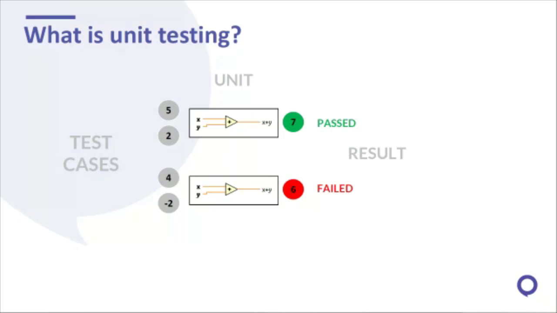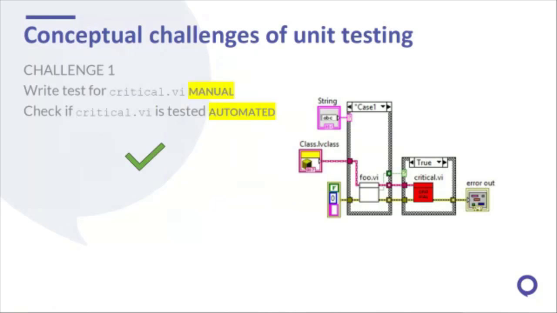For example, 5 plus 2 is supposed to be 7. In this case, the test is passed. For 6, it will fail. One test case is the set of inputs for one execution, so we see 2 test cases in this example. This is clear.